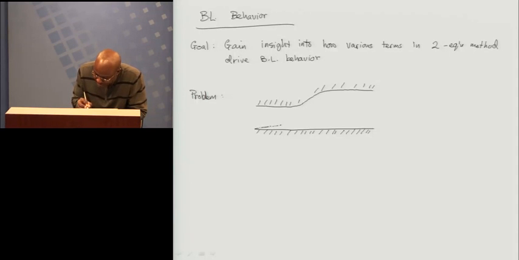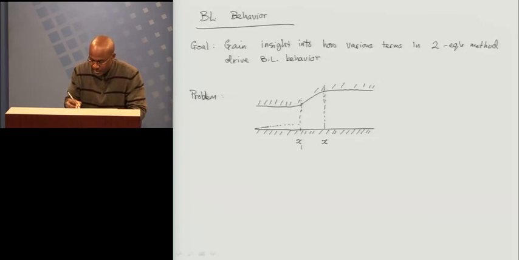So you expect it to develop something like that. Right here is where our velocity is changing, our profile is going to change, our pressure profile is going to change. We call this point here x1, and this point x2.